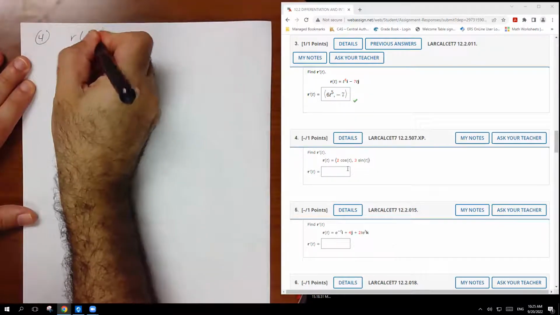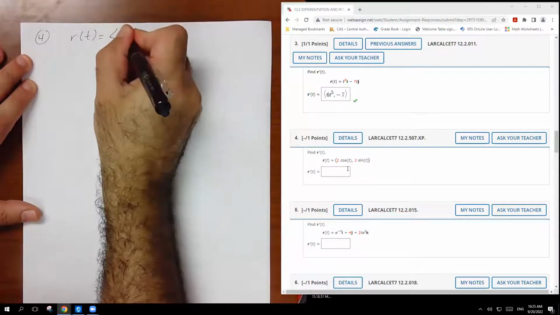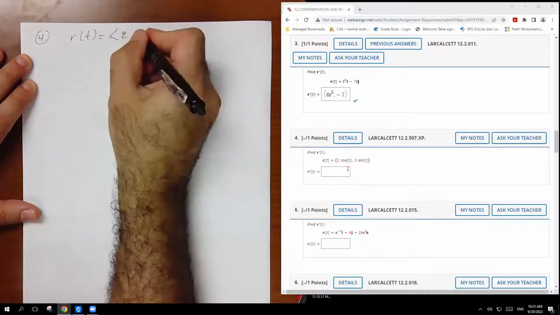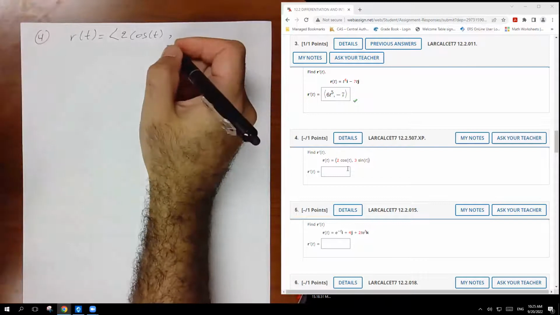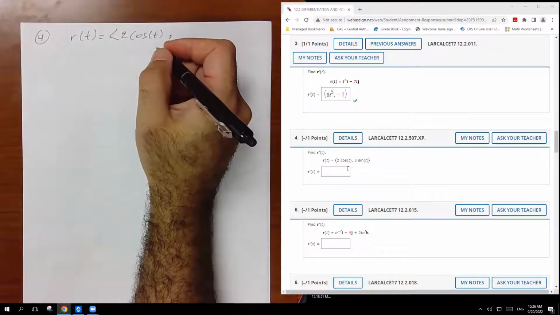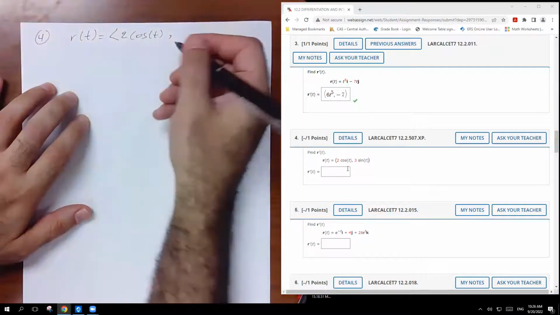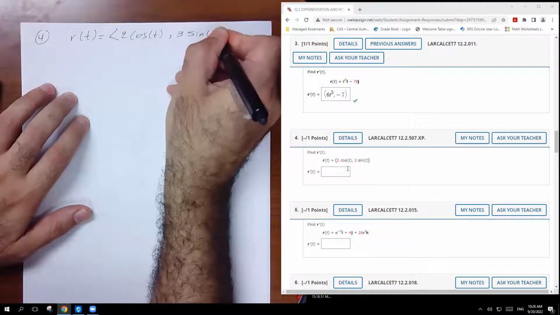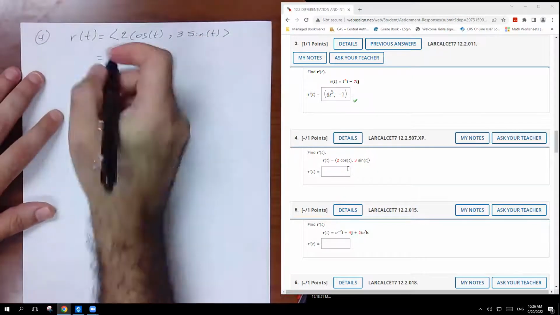So r of t equals 2 cosine t and 3 sine t. They already give you the vector component form. So you're just going to find the derivative for each component.